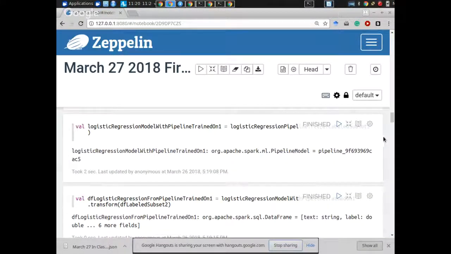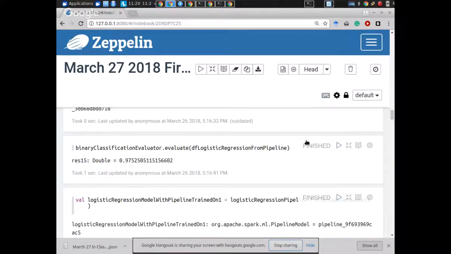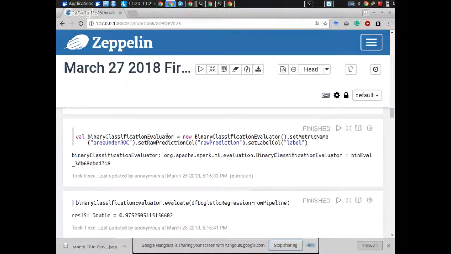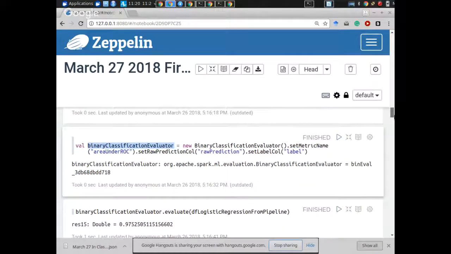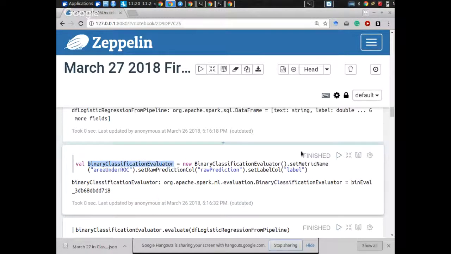Using the pipeline, we were able to then have an evaluator which was going to evaluate the quality of the results, okay? And specifically, this evaluator, we told it how to judge the results.